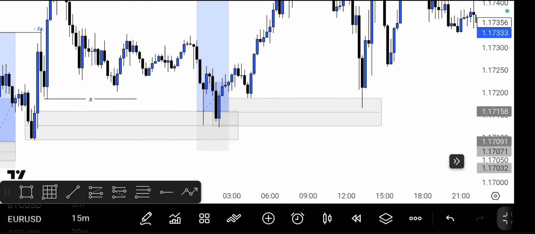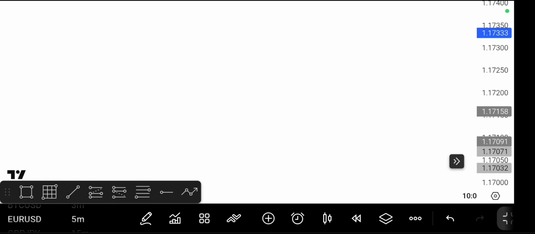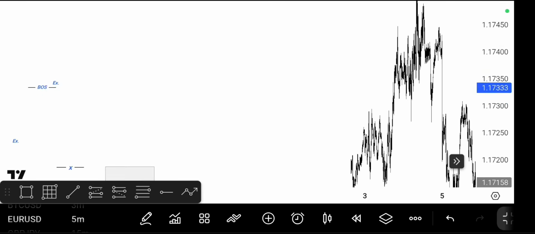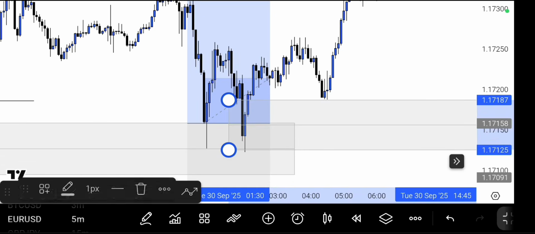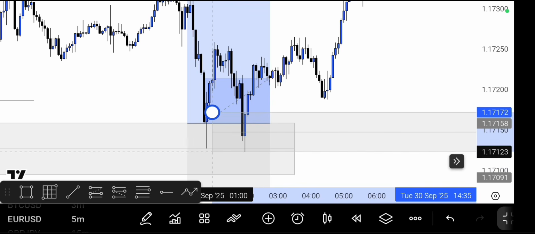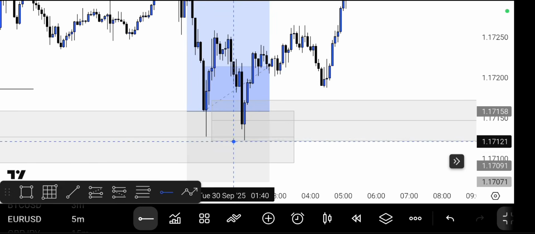So heading straight to the 5-minute time frame because I can't really find the order block. I didn't find the order block on the 15-minute time frame. So on the 5-minute time frame, this was the order block right here. This was my SL point.